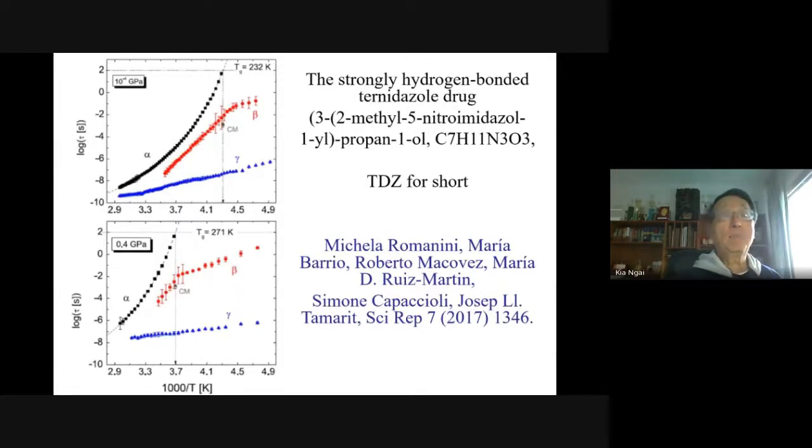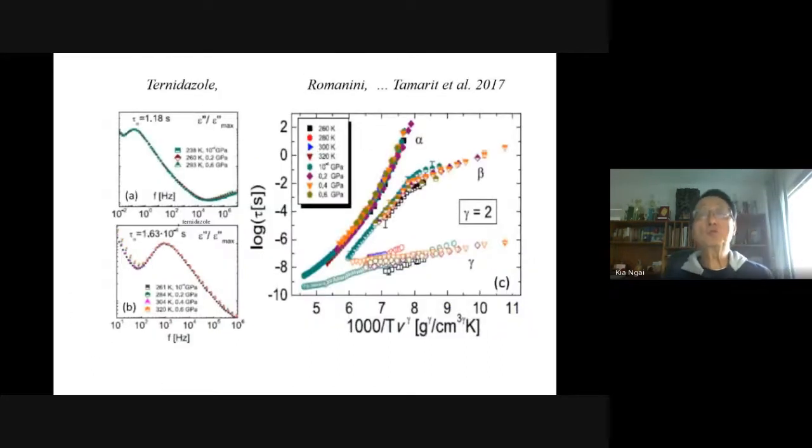And they go to 0.4 gigapascal. Up there is 10 to the minus 4 gigapascal, this is 0.4. The temperatures have to be higher to get the alpha. But again, the same beta alpha relation is maintained, as well as the coupling model relation. So now they also do TV gamma on the right.